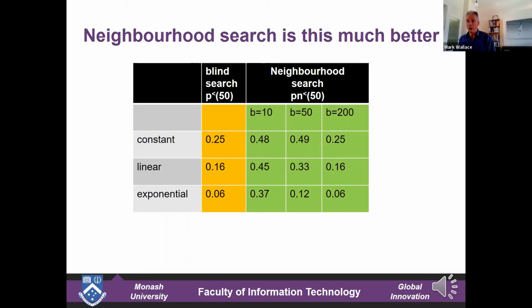So for the linear and steeper problem sets, it goes up. For the constant problem set, at 50 and B equals 10, there's roughly a 50% probability of improving, so it doesn't necessarily increase. But we notice that the probability with neighbourhood search of improving is clearly much better in all cases up to B equals 200.